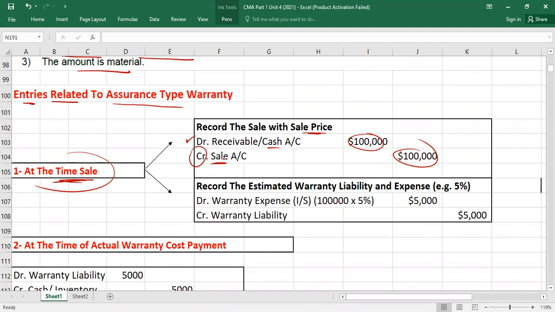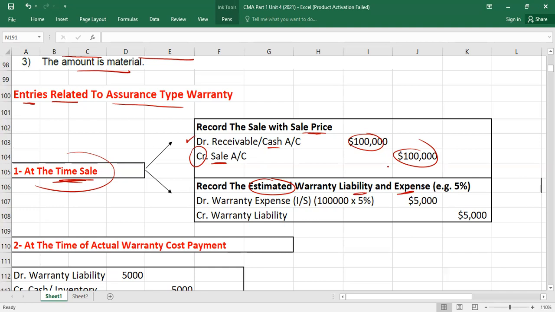Right? Now I'm using the words at the same time. At the same time means, say, at the time of sale. So you have to estimate the warranty liability and expense based on your past experience.